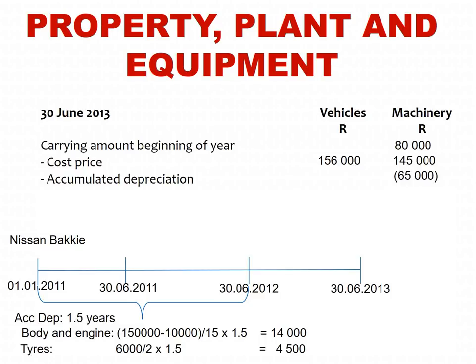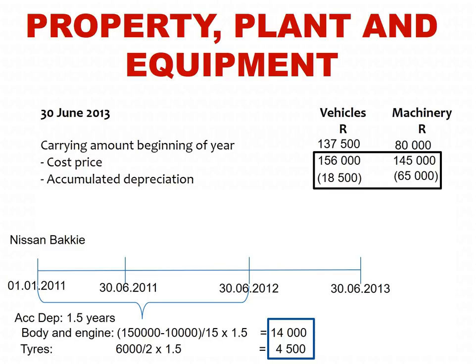To calculate the depreciation on the body and engine, we take the cost price less the residual value divided by the estimated useful life times the number of years that we've had the Nissan Bucky, which is 1.5 years in this example. We do the same for tires, except there is no residual value, so we take the cost price divided by the estimated useful life of 2 years multiplied by 1.5 years that we've had it till the beginning of the year. Therefore, our accumulated depreciation at the beginning of the year amounts to 18,500. Now we're ready to move on.